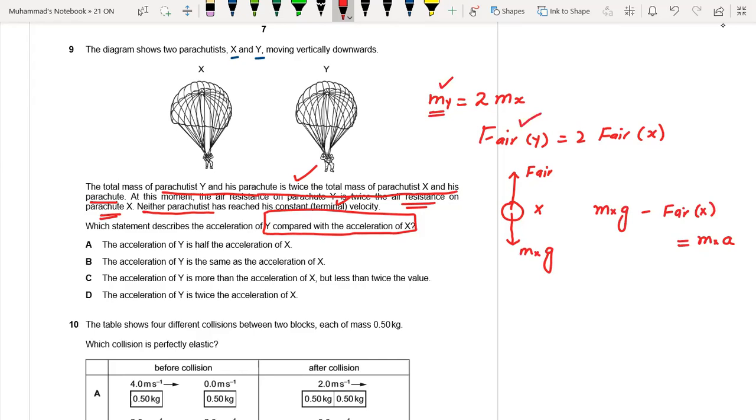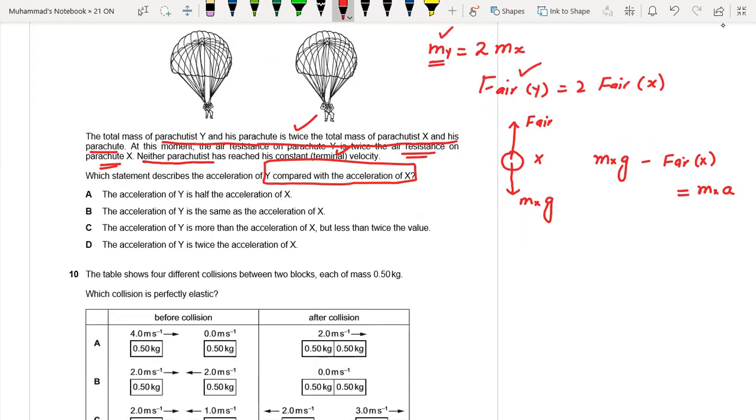So let me write the equation for parachutist Y. You know that m of Y times g is the downward force, and air resistance of Y, so that is m of Y times g minus air resistance of Y is equal to mass of Y times acceleration.